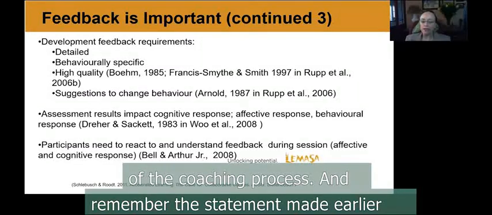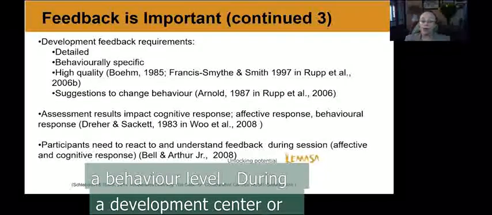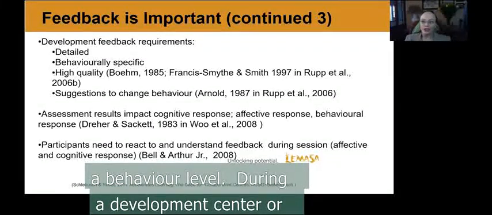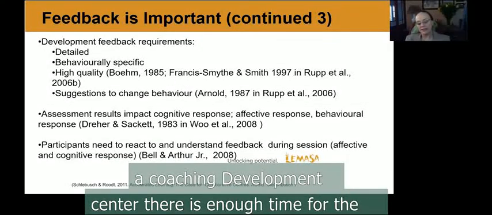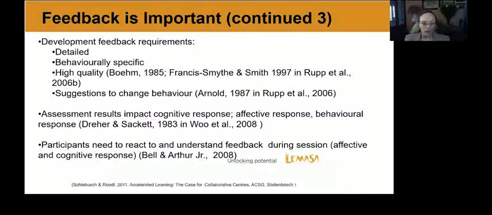And remember, the assessment results impact on a cognitive level, an affective level, and a behavior level. During an assessment center or a coaching development center, there is enough time for the coach to work through all three levels with the participant each time.